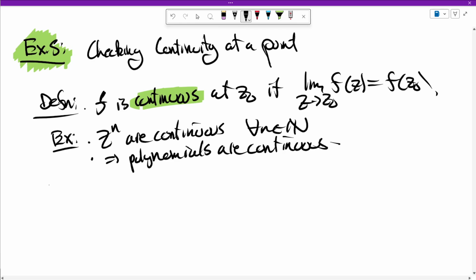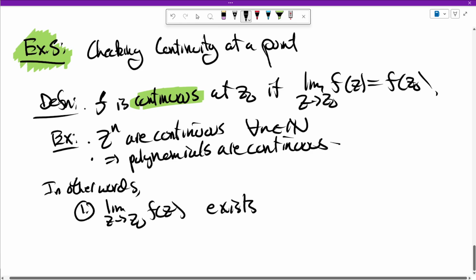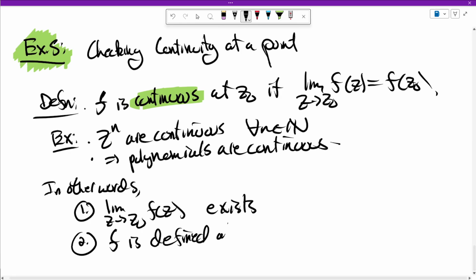In other words, one, the limit should exist. Well, in order to compute this and say that these numbers are equal, the left-hand side has to exist first. Two, the right-hand side has to exist. So you have to be able to plug z naught into your function.